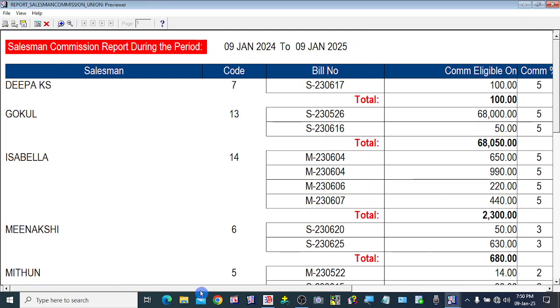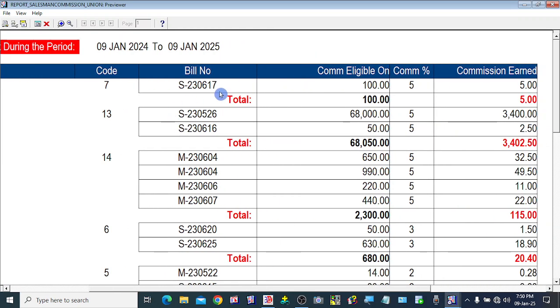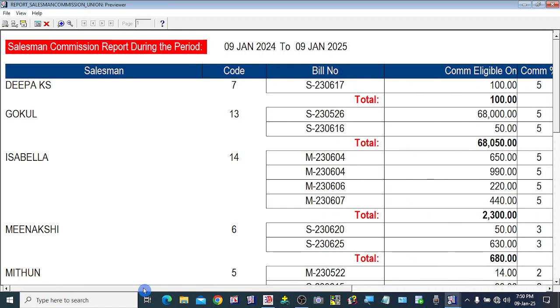Under the salesman Deba, only one sales bill is generated, worth 100 rupees. The commission at the time when the sales bill was generated was 5%. Based on that, Deba has earned 5 rupees only during the date range we have entered.